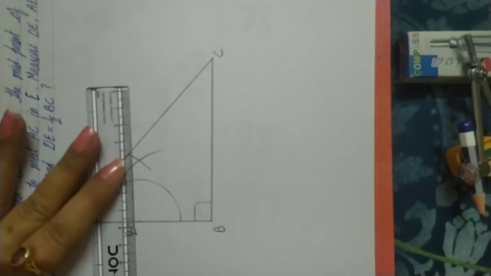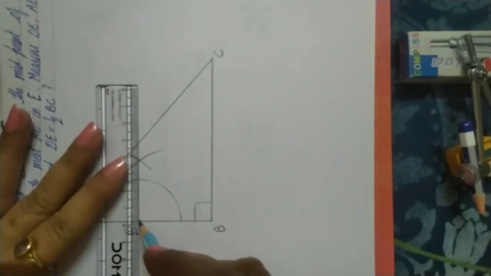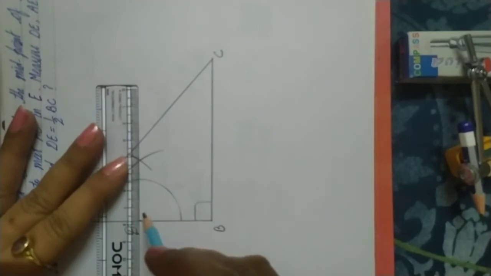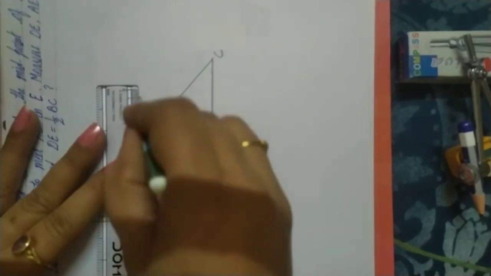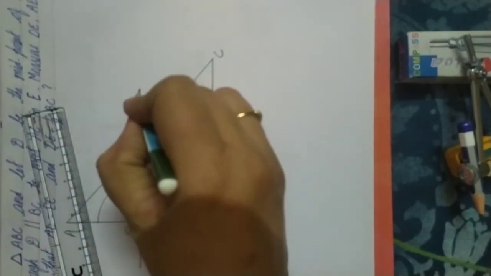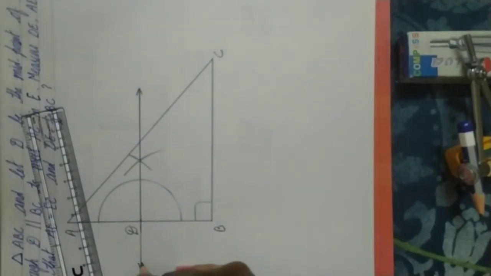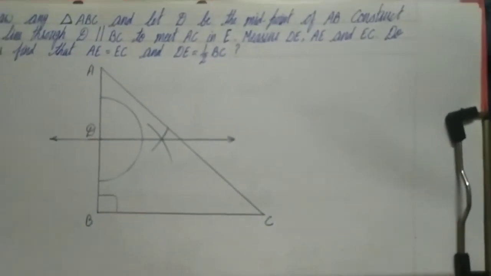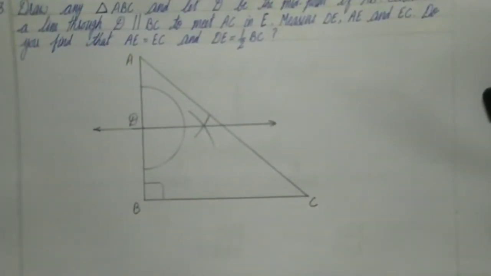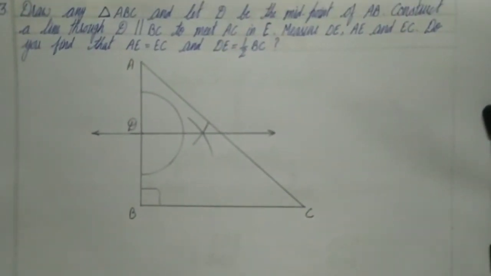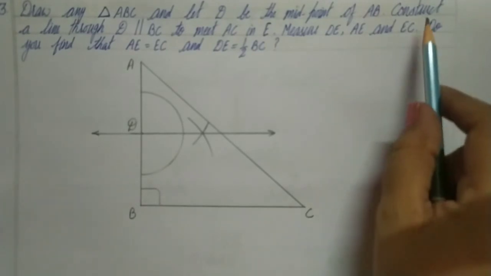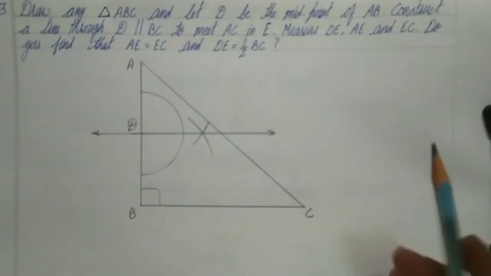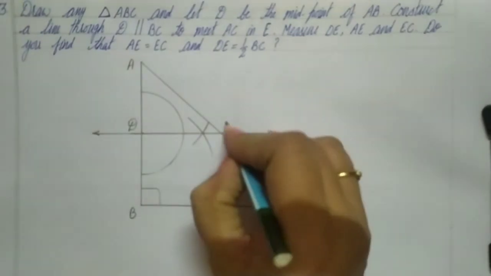Now draw a line passing through point D and the point of intersection of these two arcs. So this is the line which is parallel to BC. So we construct a line through D parallel to BC, meeting AC at E.